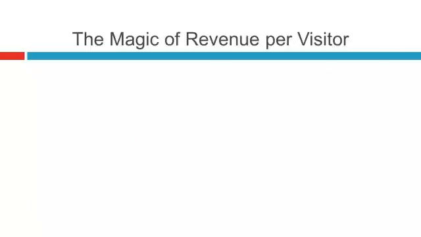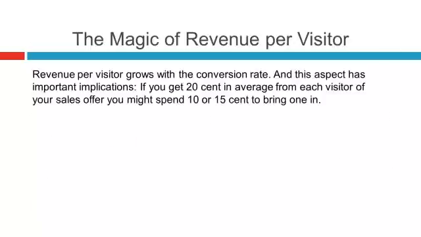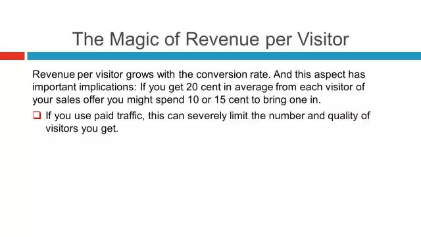The magic of revenue per visitor. Revenue per visitor grows with the conversion rate, and this aspect has important implications. If you get 20 cents on average from each visitor of your sales page, you might spend 10 or 15 cents to bring one in. If you use paid traffic, this can severely limit the number and quality of visitors you get.